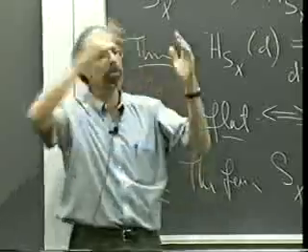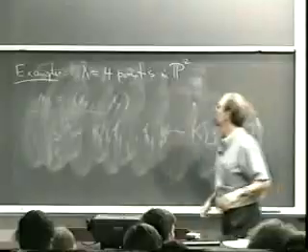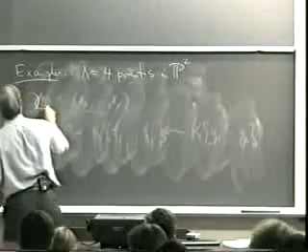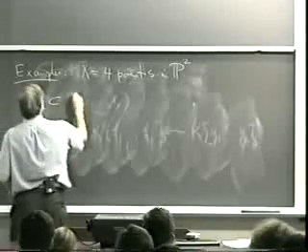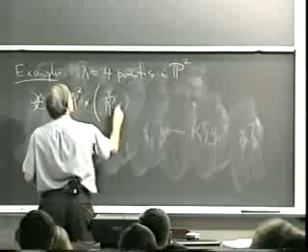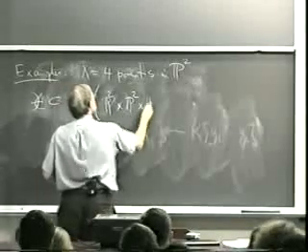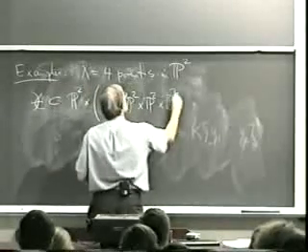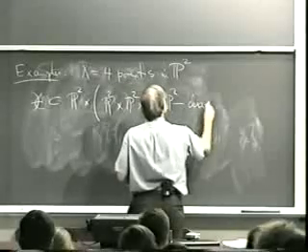And what's the space in which the family lives? Well, it's P2 cross that parameter space. So in other words, I have X contained in P2 cross this funny parameter space, which is P2 cross P2 cross P2 cross P2 minus diagonals.